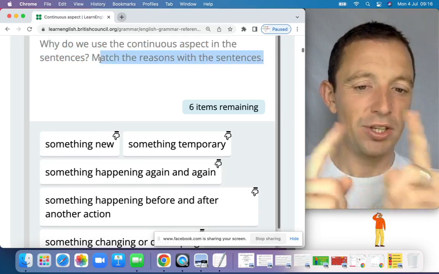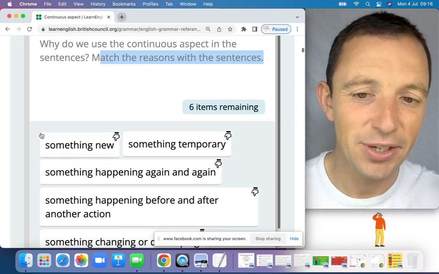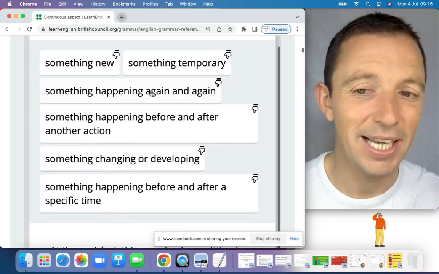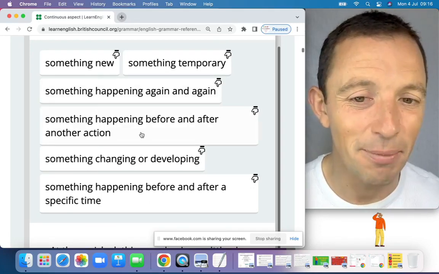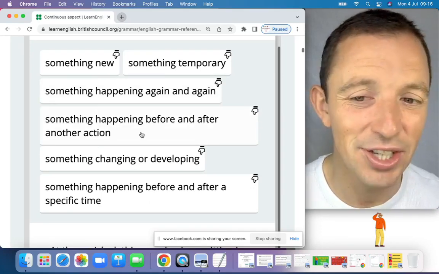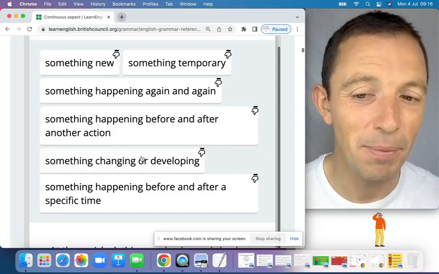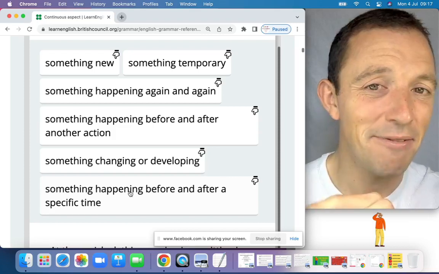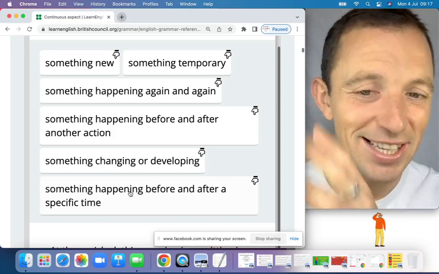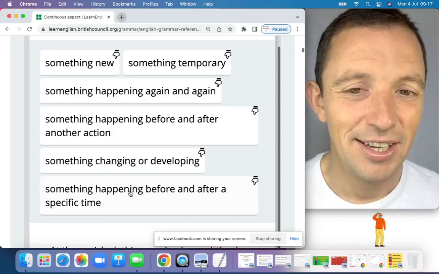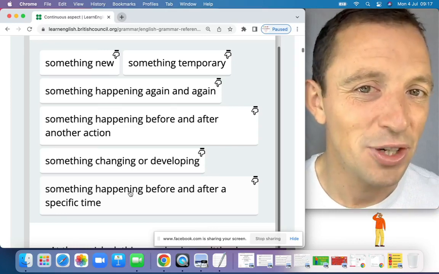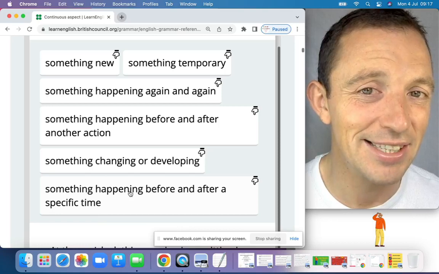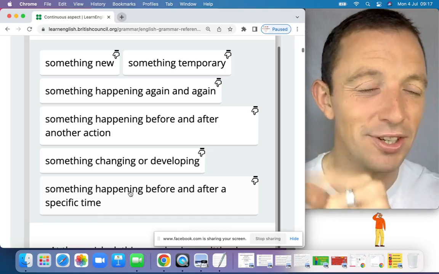Here you can see: something new, something temporary, something happening again and again, something happening before and after another action, something changing or developing, something happening before and after a specific time. So here we have the 7 different perspectives, the 7 different descriptions of using the continuous, and we must try to identify the sentence that is appropriate for each description.